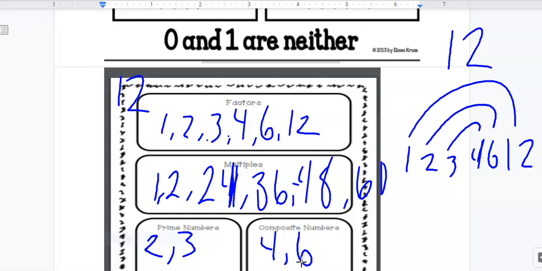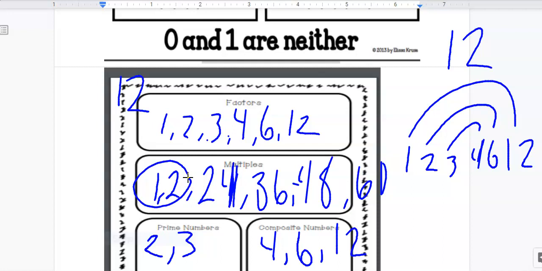It means it has more than 2 factors. And we already know that 12 would also be a composite because that is bigger. And all of these multiples here, this is the number 12, and this is 24 and 36 and 48 and 60. All of those are bigger numbers too, right, kiddos?